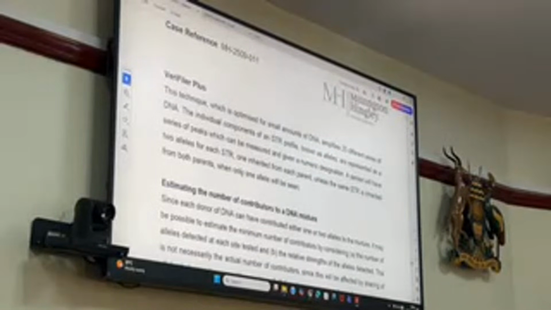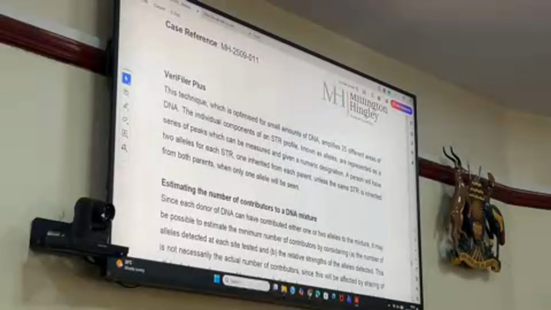This technique is optimized to small amounts of DNA. It amplifies or copies 25 different areas of DNA.